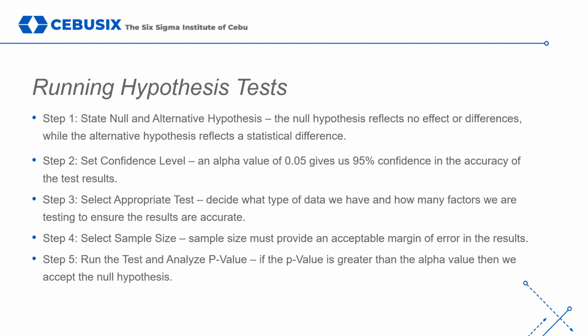Decide whether your sample size is fixed or whether you can select a sample size based on your beta setting. Step 5. Run the test in Minitab or Excel. Step 6. Interpret the p-value against your alpha setting, which tells you whether or not to reject the null hypothesis. And step 7. Translate the statistical analysis into real-world, business-relevant language.